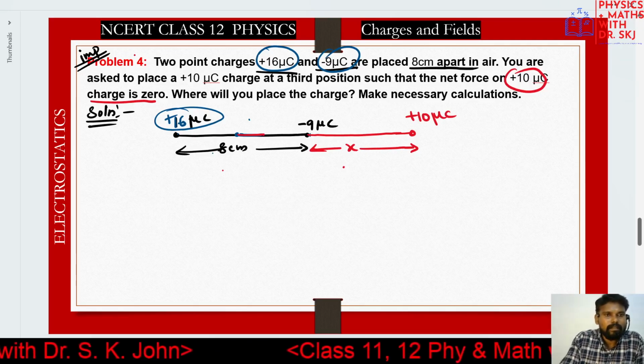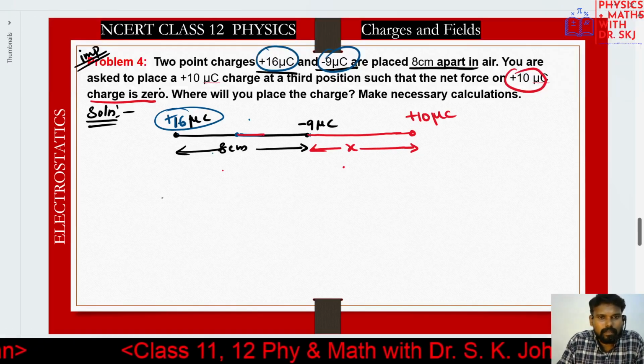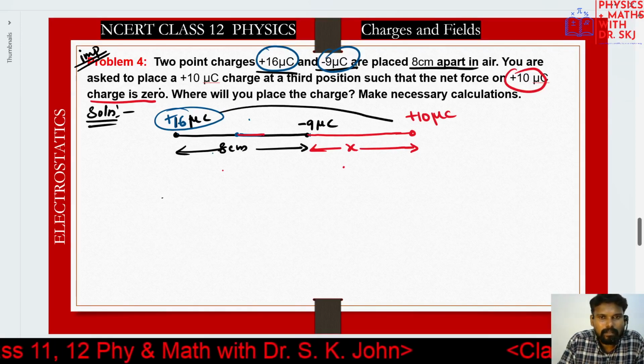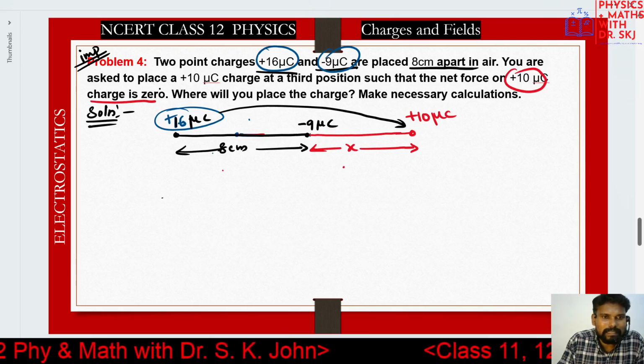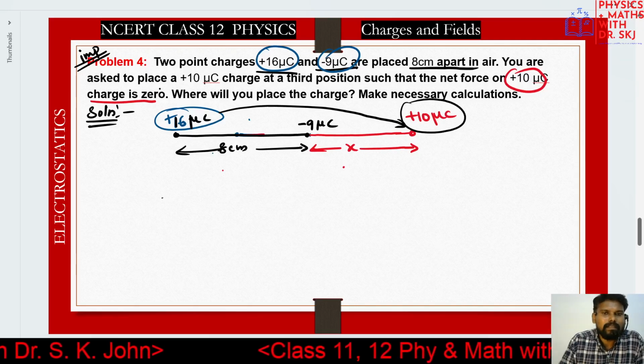Then what is the force of plus 16 microcoulomb charge on this plus 10 microcoulomb charge?